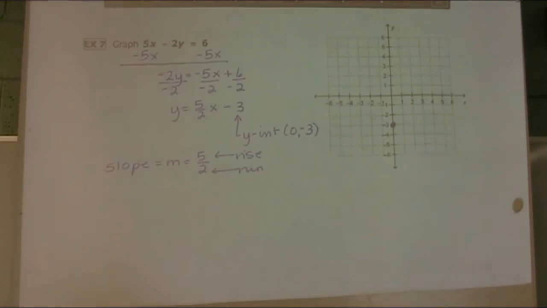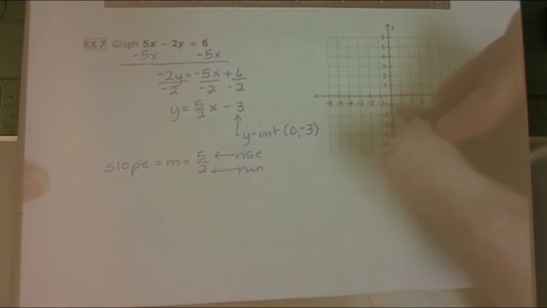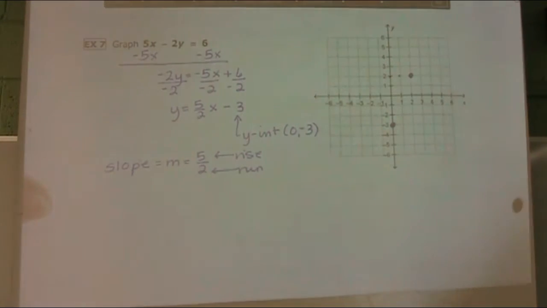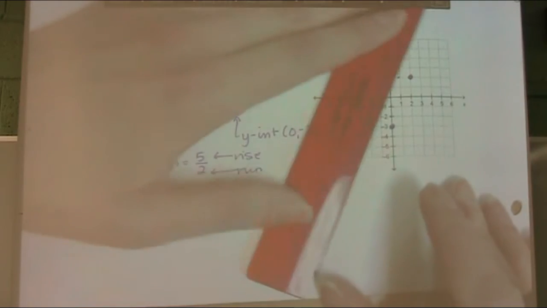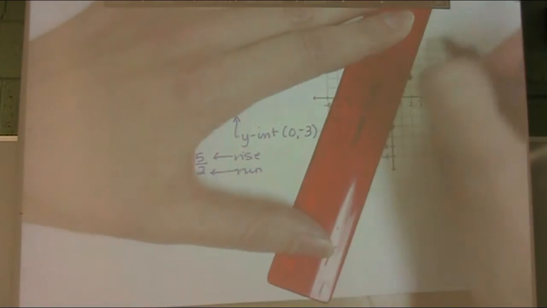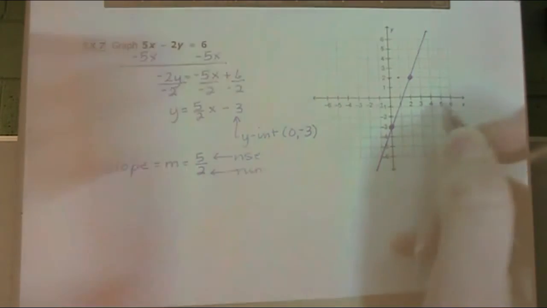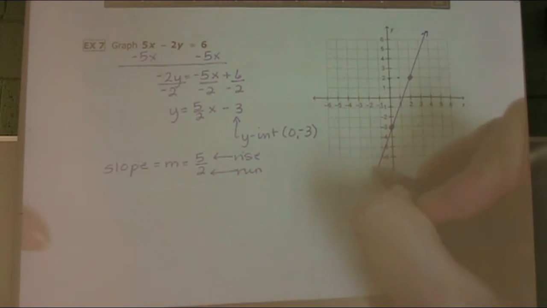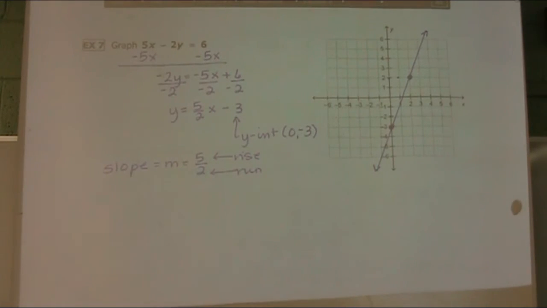This is positive, so I'm going to go up and then to the right. So I'm going to go up 5: 1, 2, 3, 4, 5, and 2 to the right, and I'm going to put another point. And now I'm going to connect those with a line. Put arrows on the end so we know it goes infinitely in both directions.